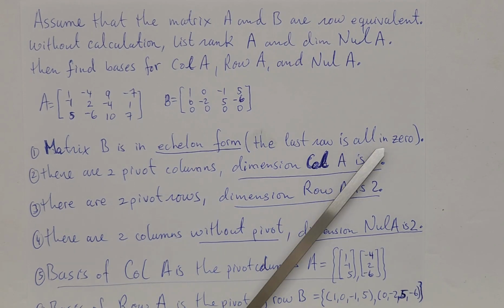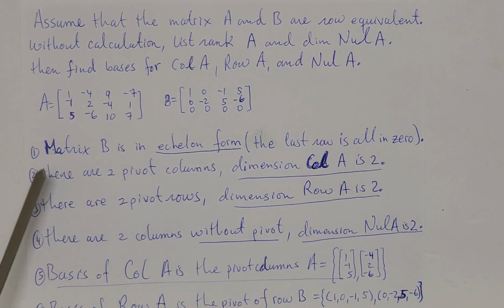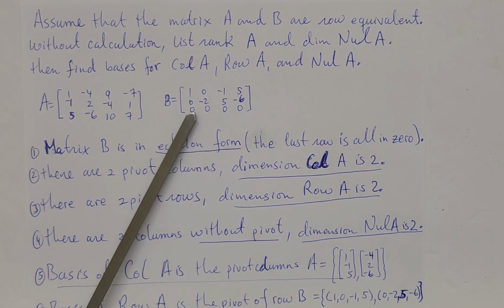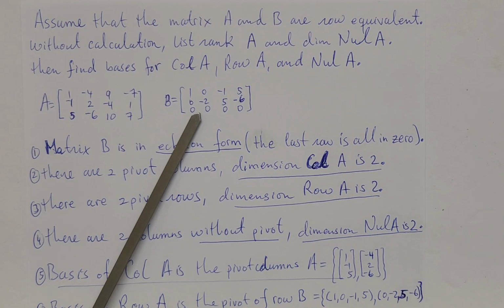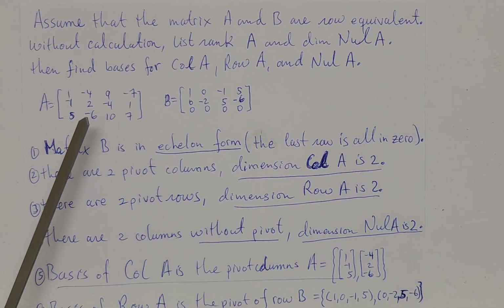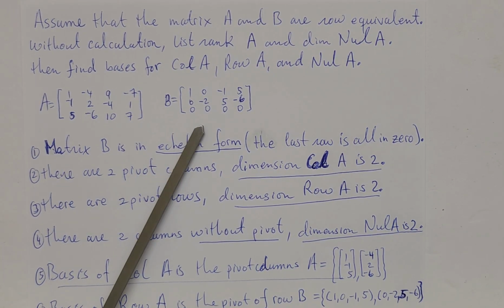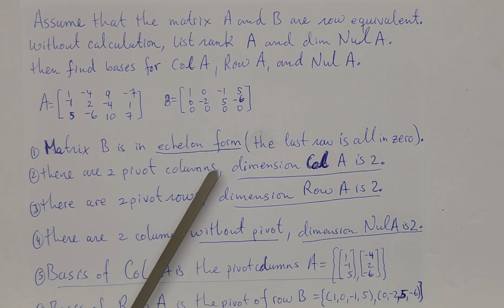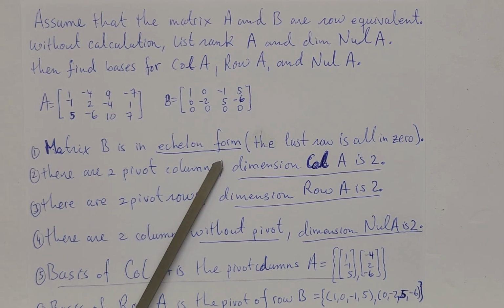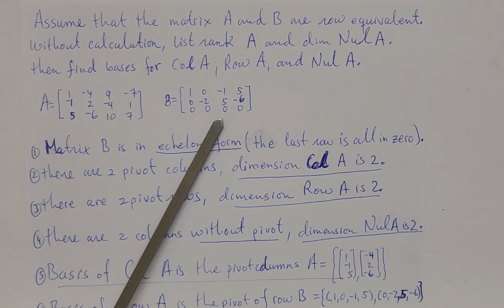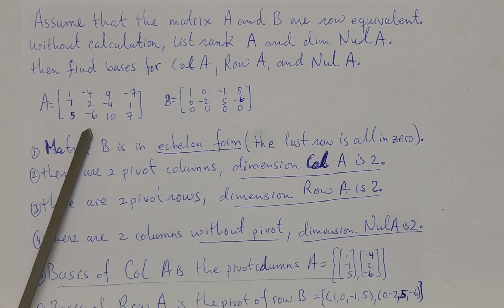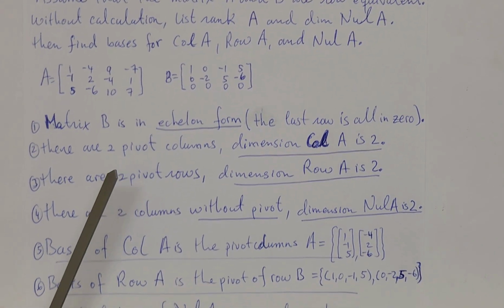The last row is all 0. That means B is the answer, or the solution, to A after row operation.